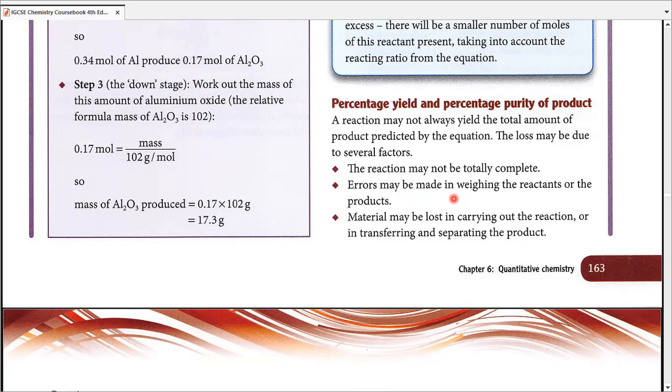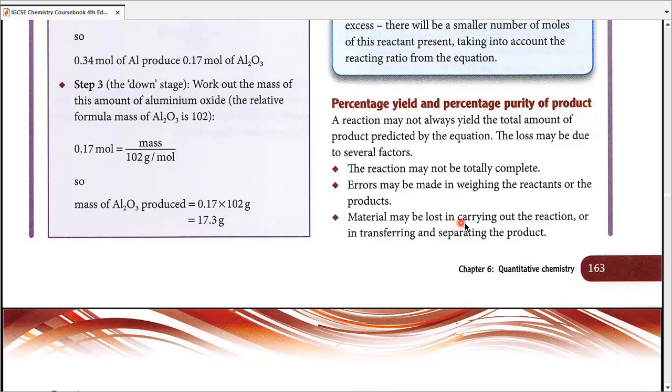The errors can be totally human, because the person is inexperienced, a student simply learning through making mistakes. So yeah, there can be many sorts of errors. And errors are one of the big reasons why there may be a loss in the amount of product.